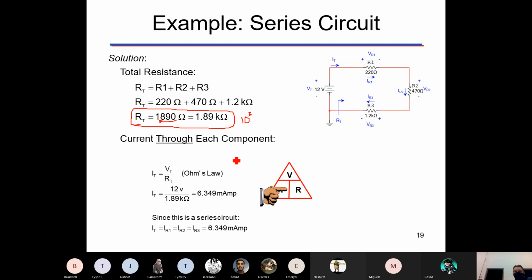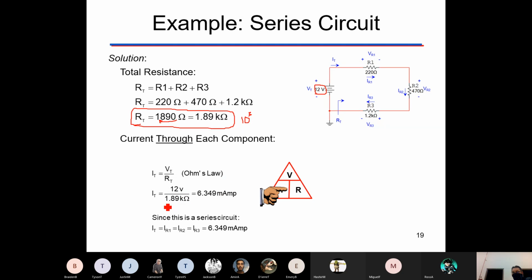There you go. Okay, so now once we solve for our RT, we have to solve for IT so we can get our current. Cover up the I and you should see that it's V over R. And our voltage is right here, 12 volts, and then our R is what we just solved for, 1.89.